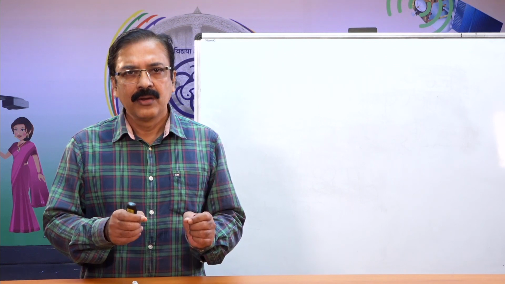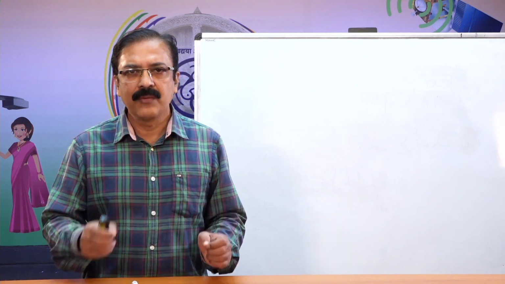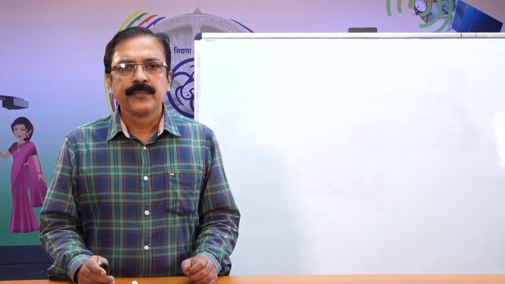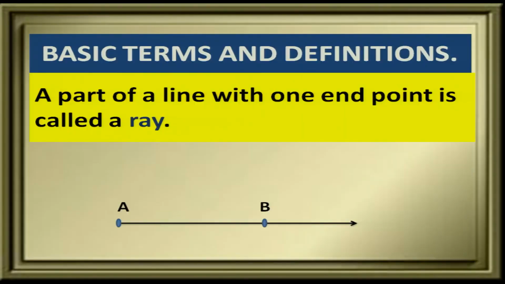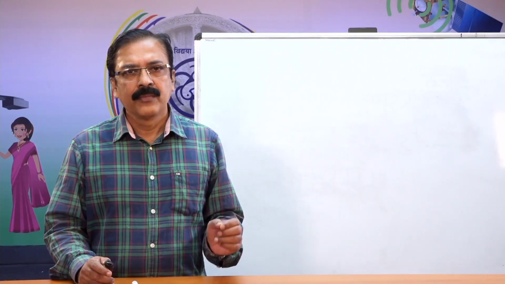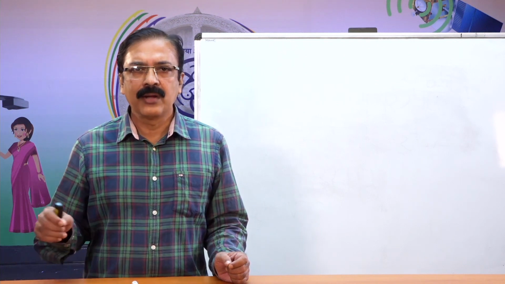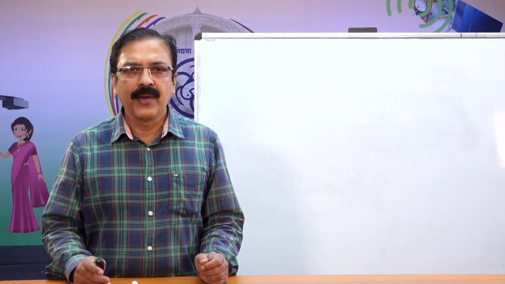So we can say this line you have drawn from a starting point to an end point gives a line segment, and the line segment AB is denoted by AB with a bar upon it. And a part of line with one endpoint is called a ray. That means if we start from a point along the ruler and go on drawing onwards infinitely, then we will get a ray.